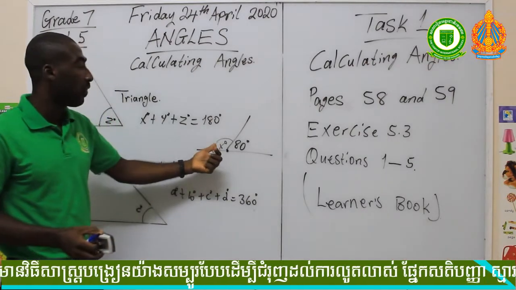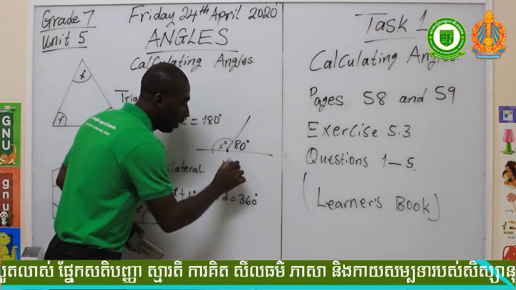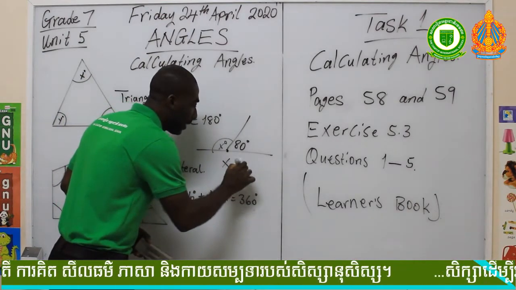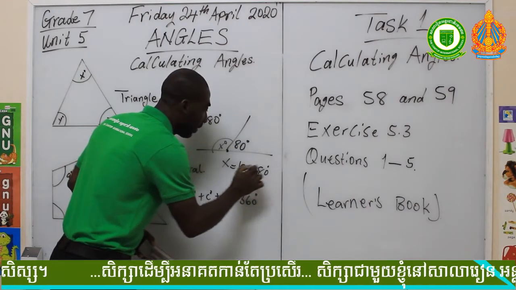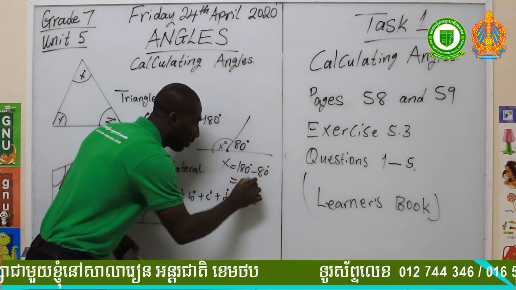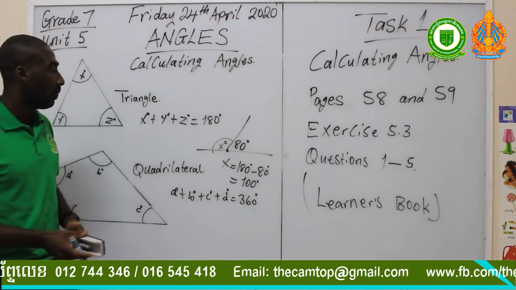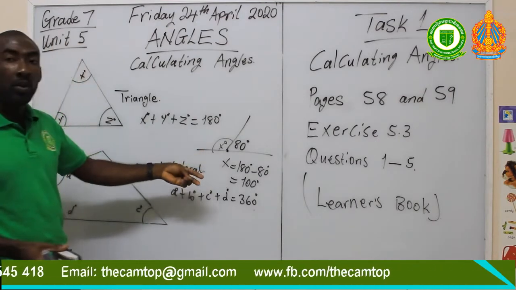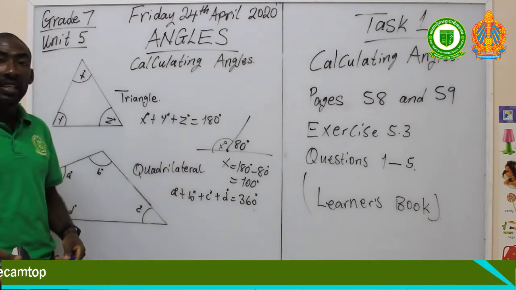So x will be equal to 180 minus 80 degrees, and that will be equal to 100 degrees.